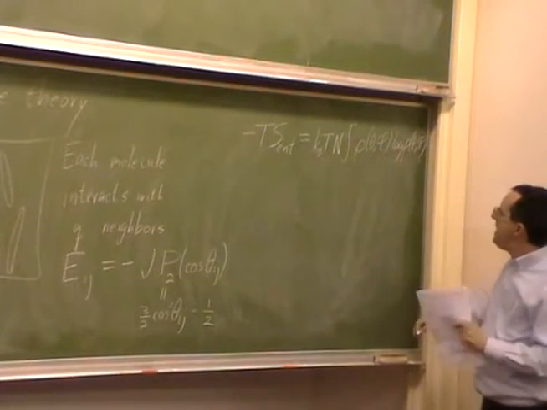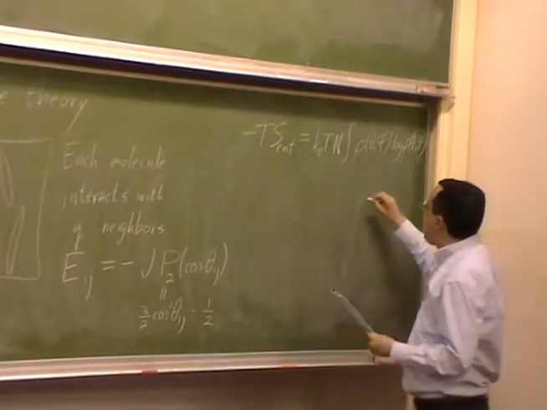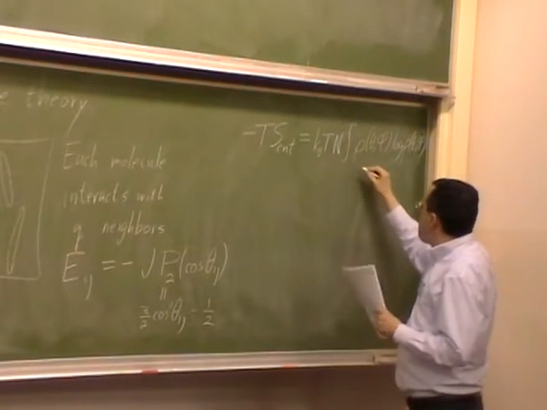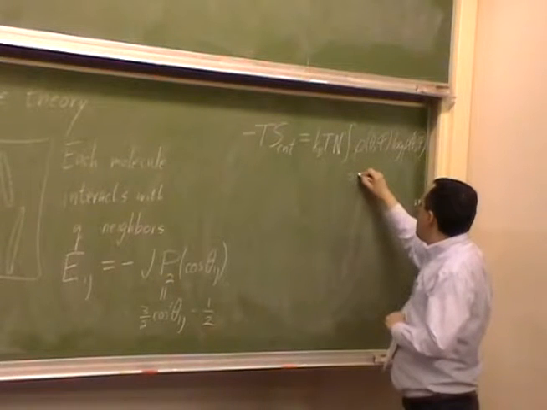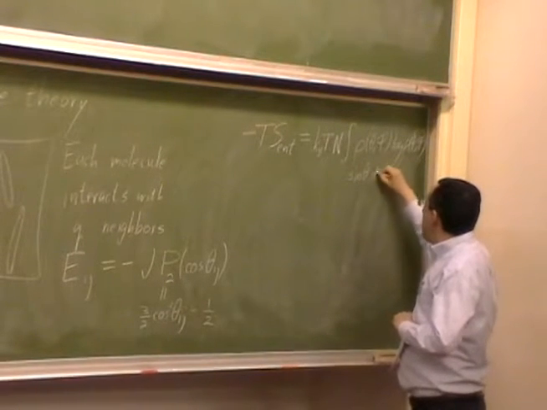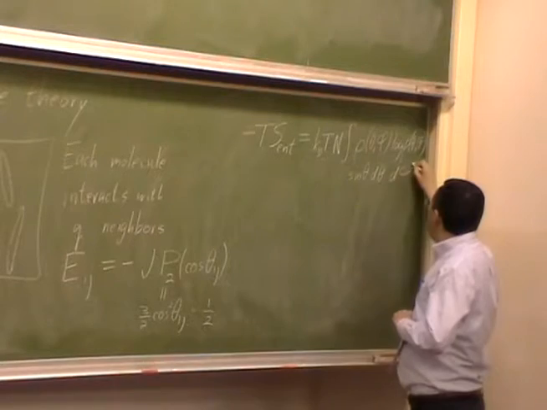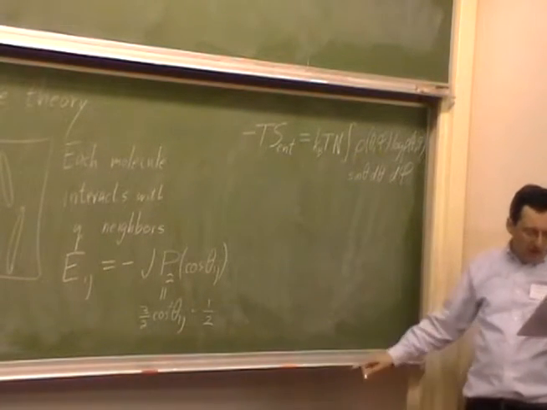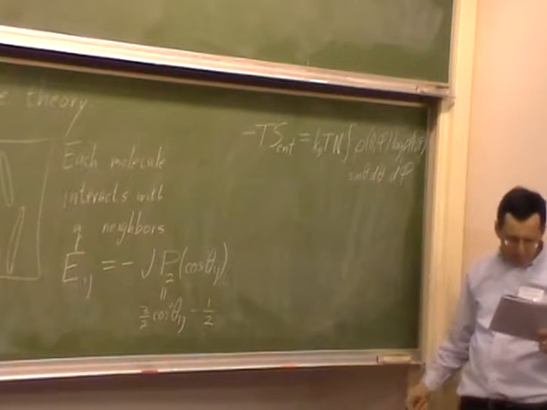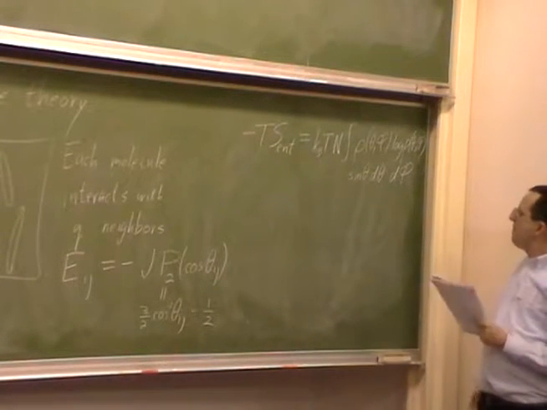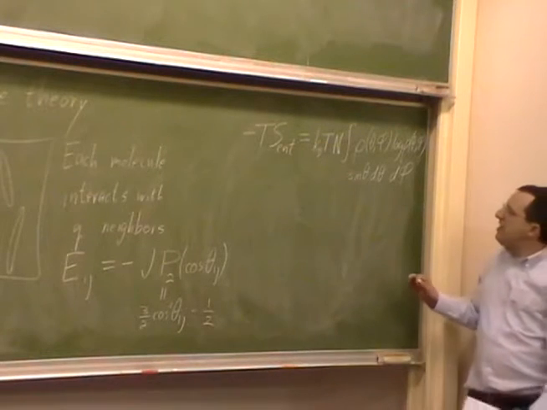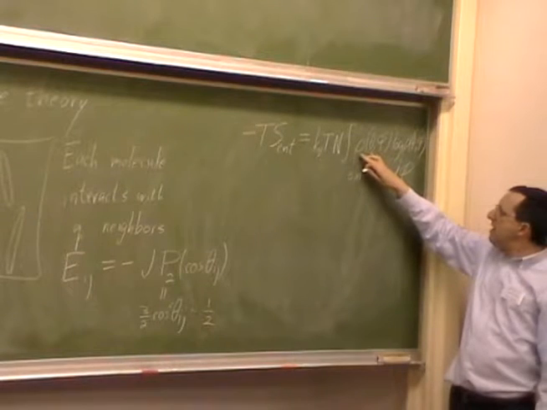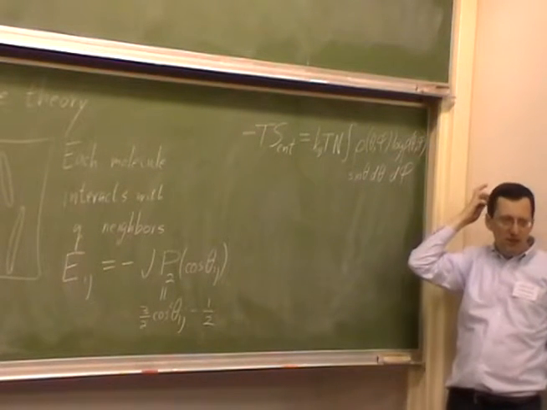For the integral over solid angle, you remember that this is an integral of sine theta d theta d phi. That's how you do integrals in solid angle, in spherical coordinates in 3D. So this is an expression for the entropy in terms of the distribution function.